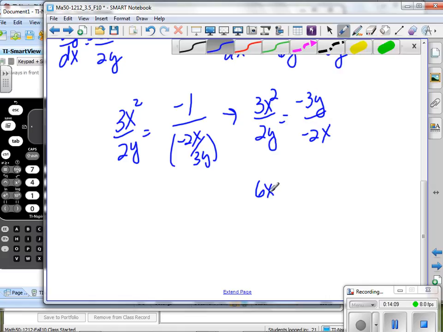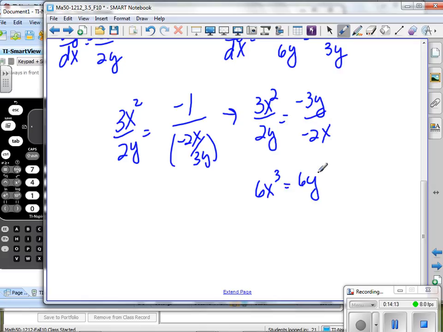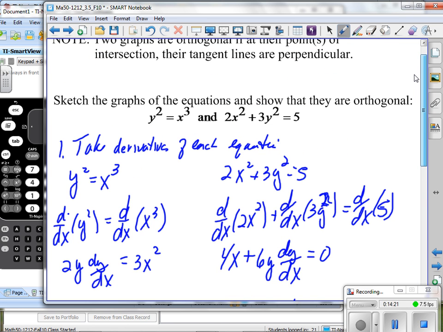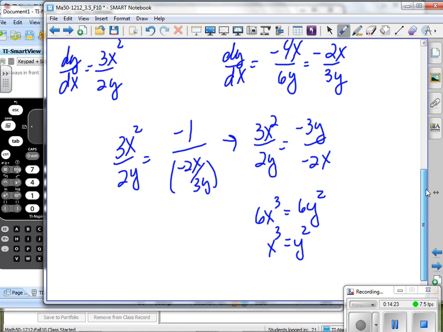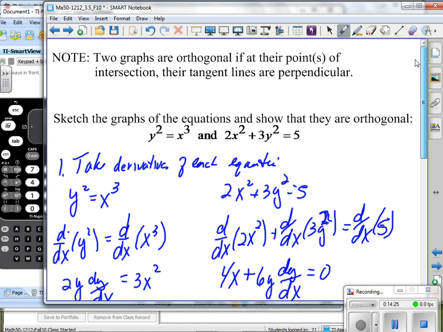So that would be 6x cubed equals 6y squared, or x cubed equals y squared. I'm right back to where I started, aren't I? Look at that.